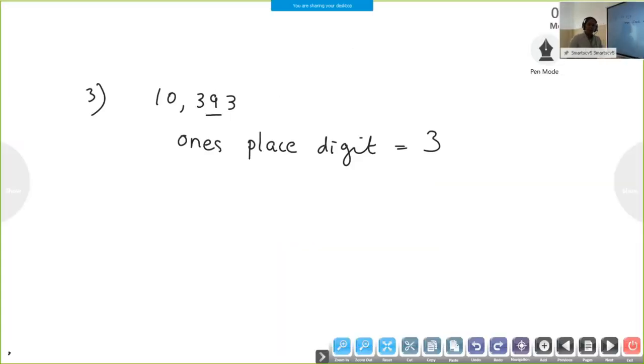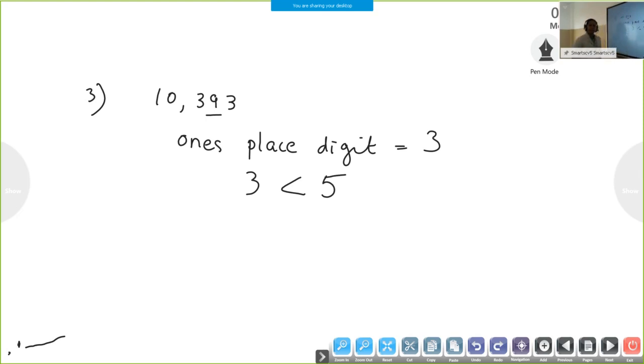Now the rule starts. What is the rule? If you are rounding to the nearest 10, then after the tens place comes the ones place. If the digit in the ones place is greater than or equal to 5... here, is it greater than 5? It is less than 5.